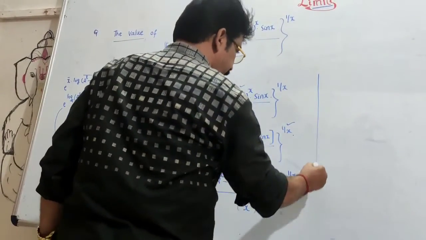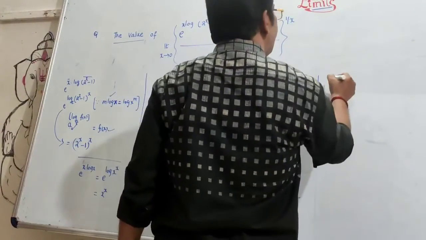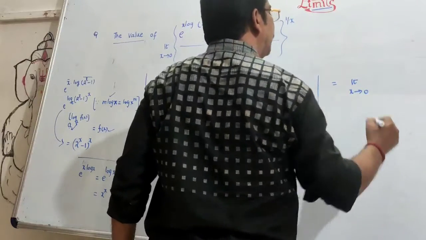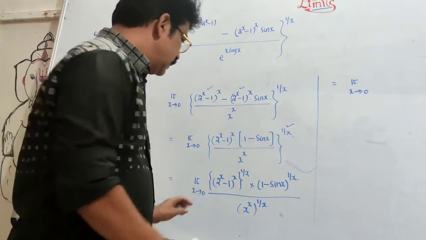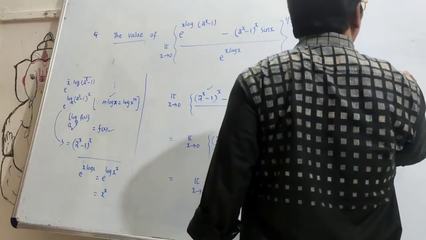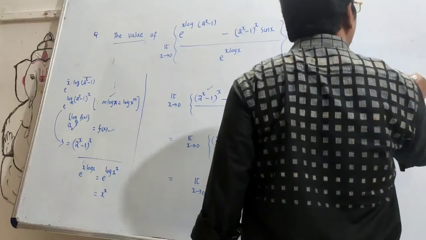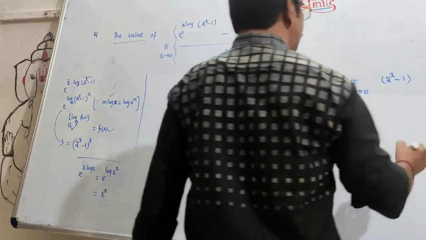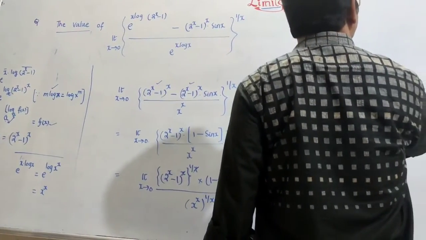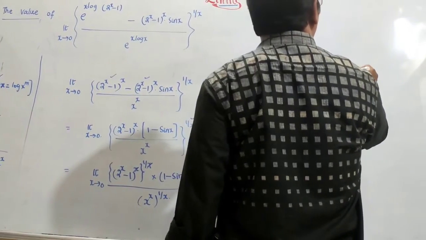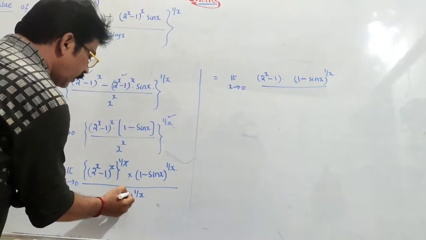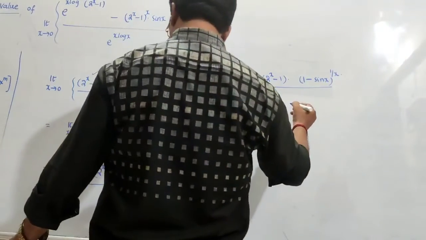So therefore limit x tends to 0, this x cancels, it means only 2 power x minus 1 into (1 minus sin x) whole to the power of 1 by x, whole divided by, here also x is cancelled, it means only x.